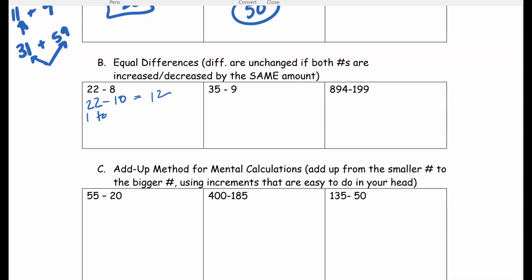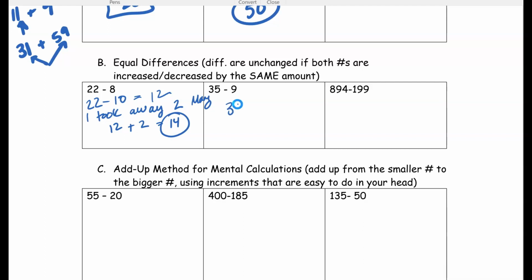So to compensate, I'm going to add 2 to my answer and get 14. So 22 minus 8 is 14, but in your head you could say, I'm going to subtract 10 and get 12 and then add 2 back so that I basically fix my adjustment.